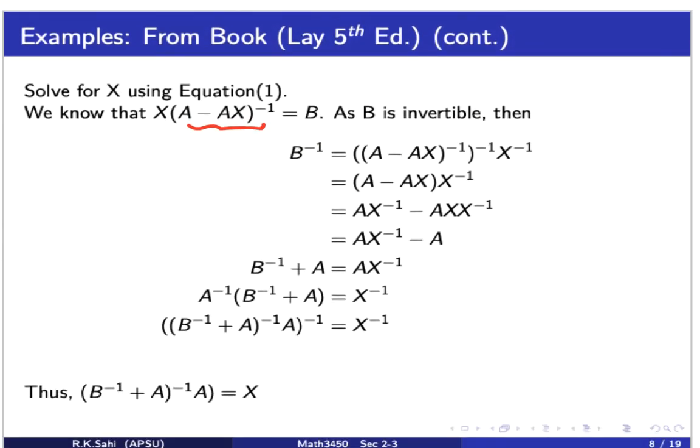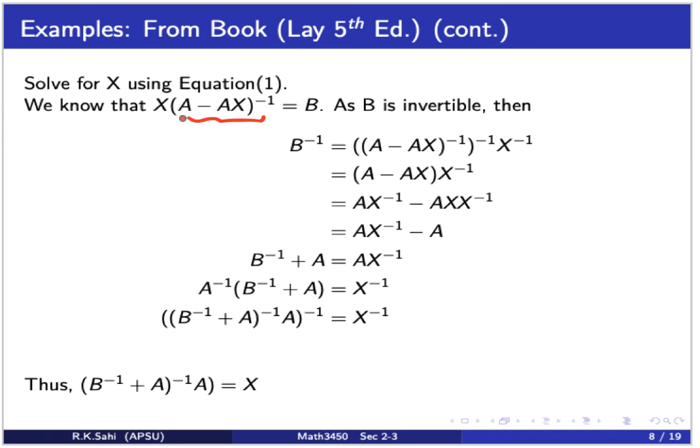Now let's look at this one. What are we given, guys? We are given that x times (a minus ax), the whole inverse, equals b. Now b is invertible. We have already proved that. That means b inverse exists. What is b inverse? It means you're taking the inverse of the left-hand side.